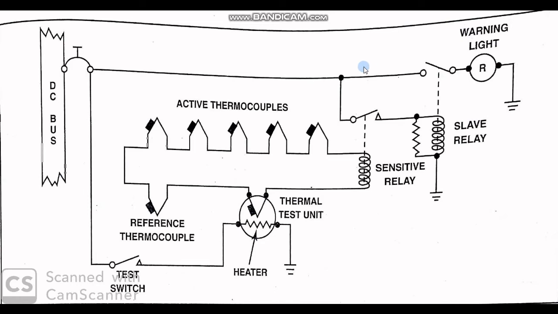In a typical thermocouple system, one or more thermocouples, called active thermocouples, are placed in fire zones around an engine, while a separate thermocouple called the reference thermocouple is placed in a dead air space between two insulated blocks.